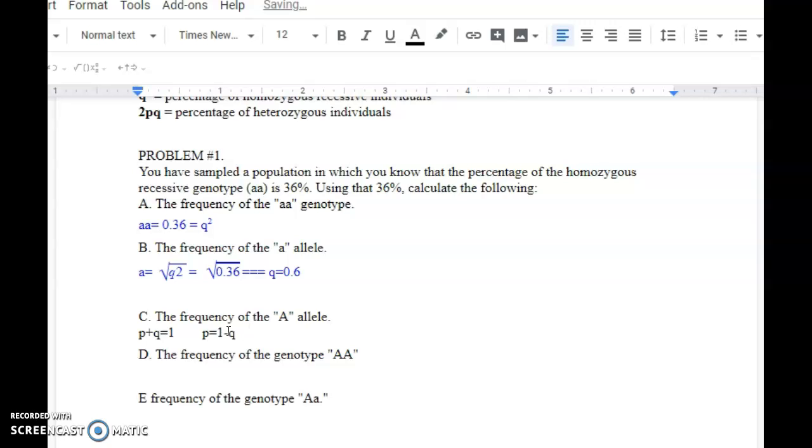I think you all know that. So that's 1 minus 0.6, which equals 0.4.